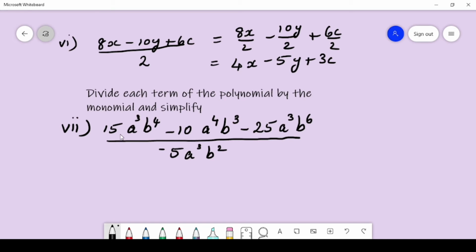To divide this polynomial by this monomial, we have to divide each term of the polynomial by the monomial and then simplify. That is the method.